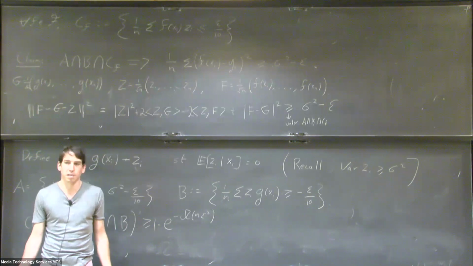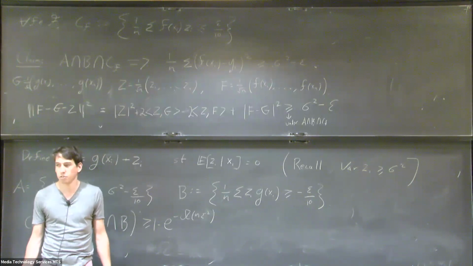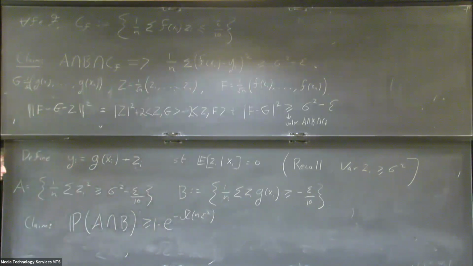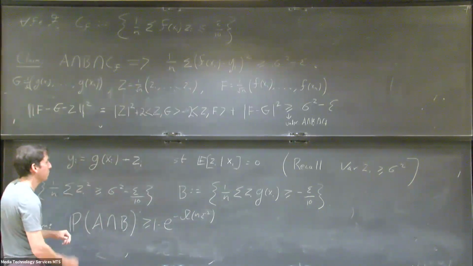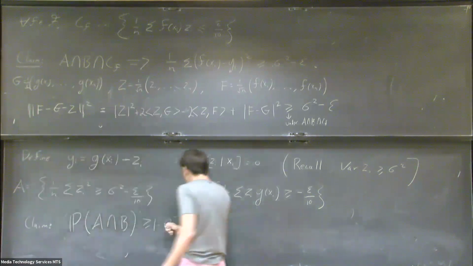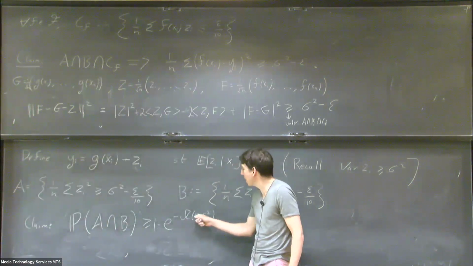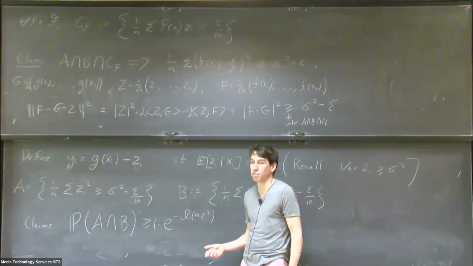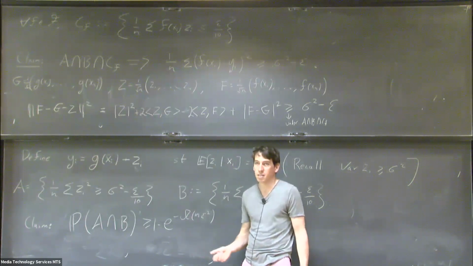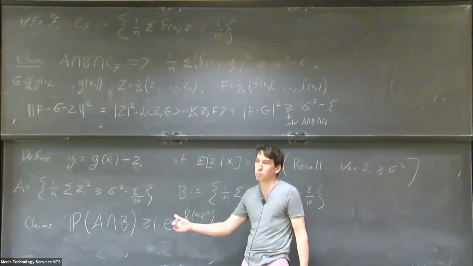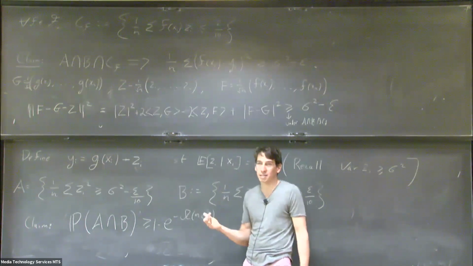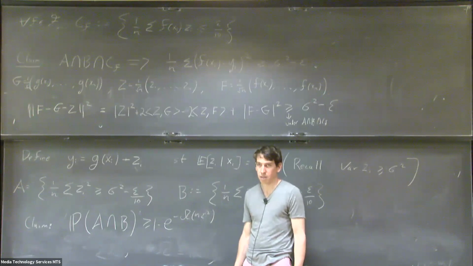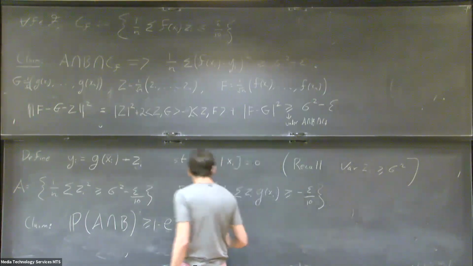So all we have left to do is establish the probability of C of F. Note that it's not enough to say that C of F has probability 1 minus e to the minus n. Just e to the minus n is not enough because the size of our net is going to be like e to the p, which we want to be e to the n times d.